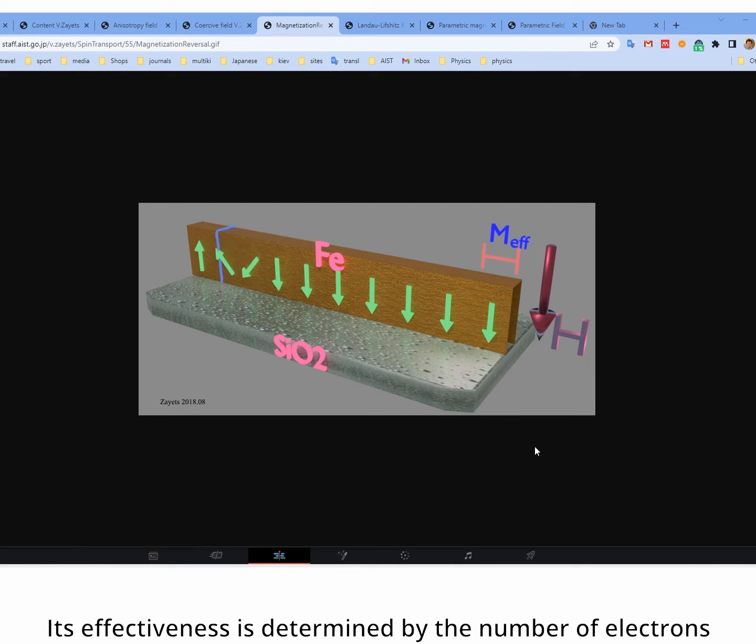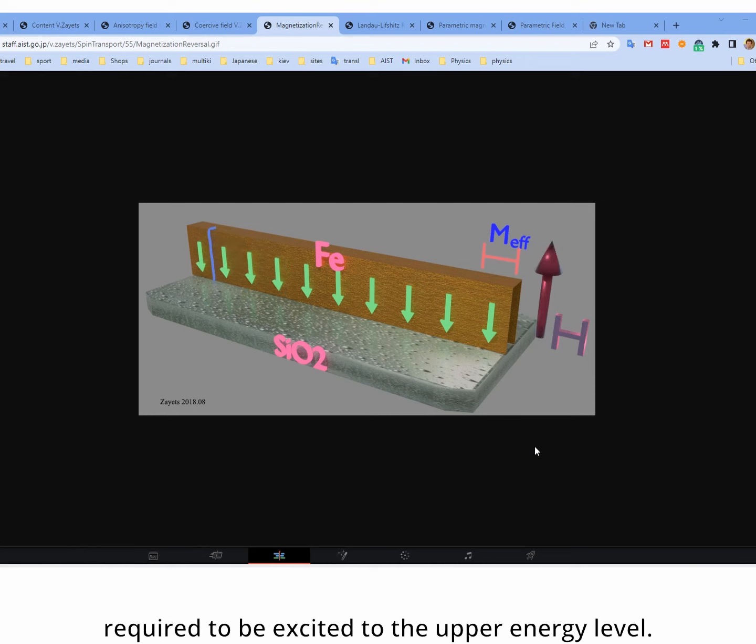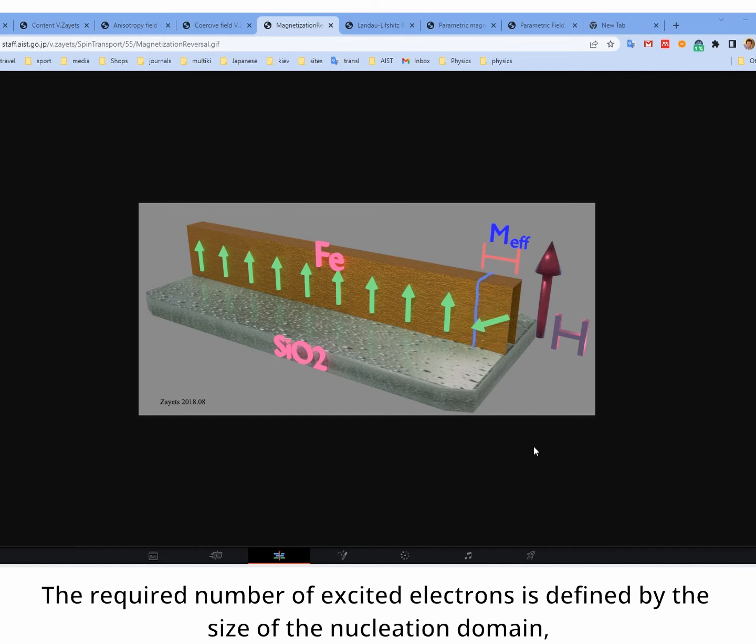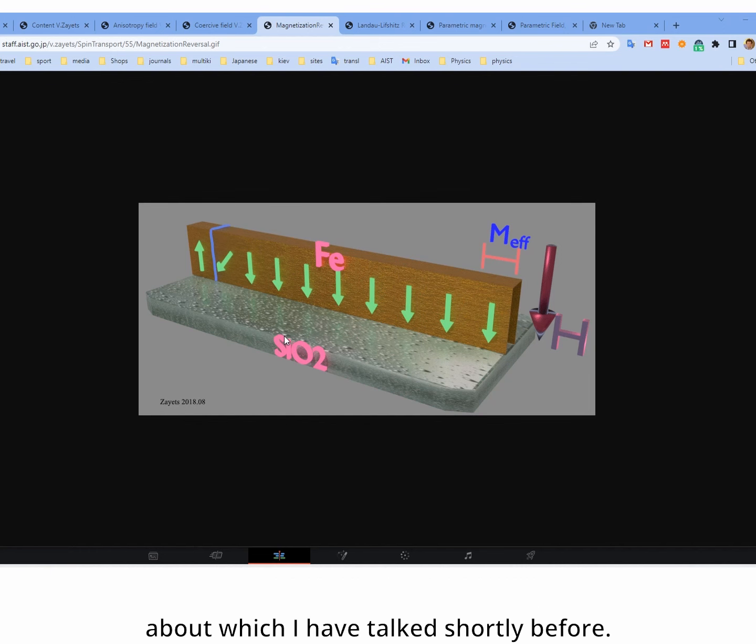Its effectiveness is determined by the number of electrons required to be excited to the upper energy level. The required number of excited electrons is defined by the size of the nucleation domain, about which I have talked shortly before.